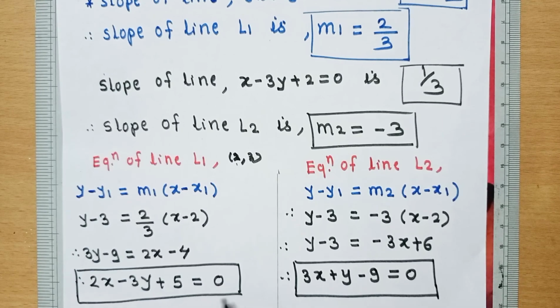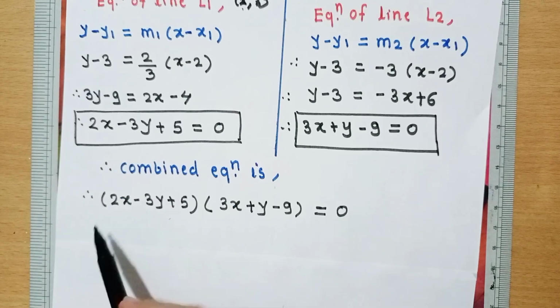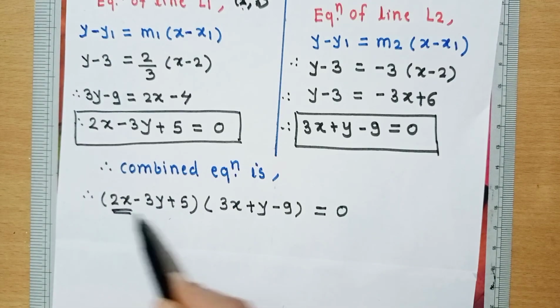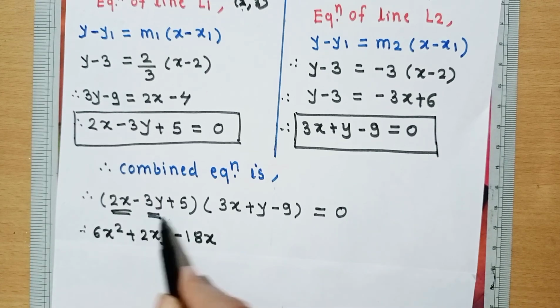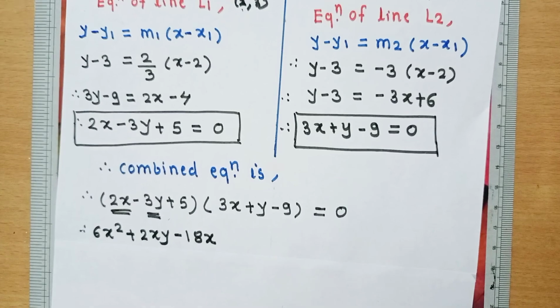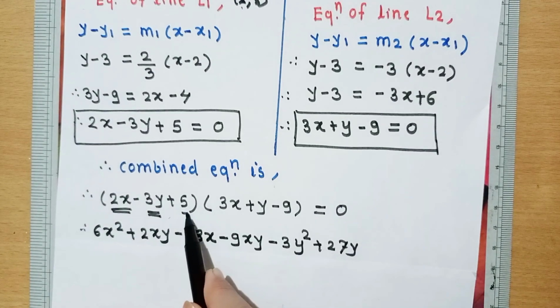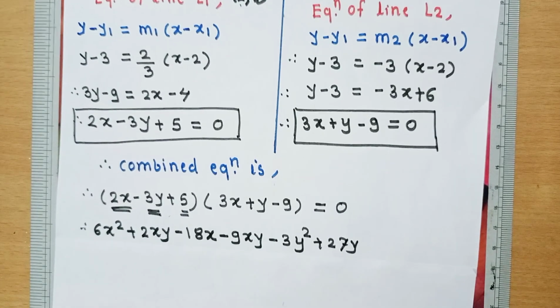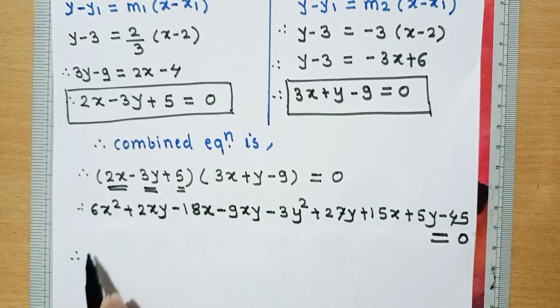Now the combined equation means again the multiplication of these two brackets. First multiply 2x to this bracket, then multiply 3y to this bracket, then multiply 5 to this bracket. So the final equation is, this is 6x square.